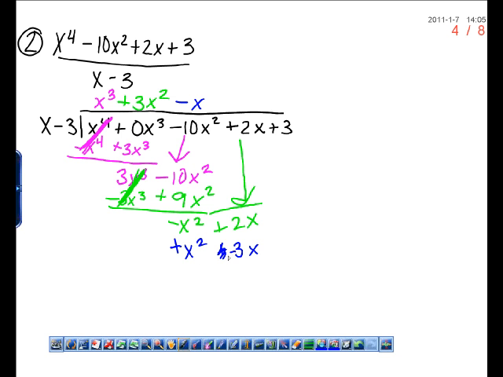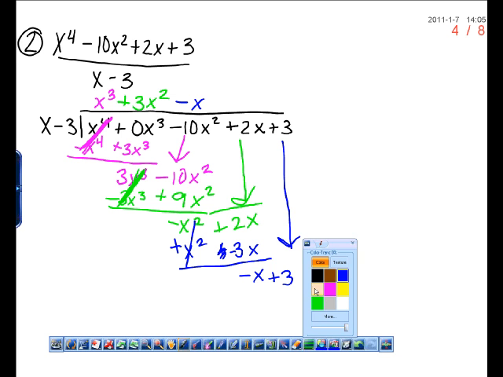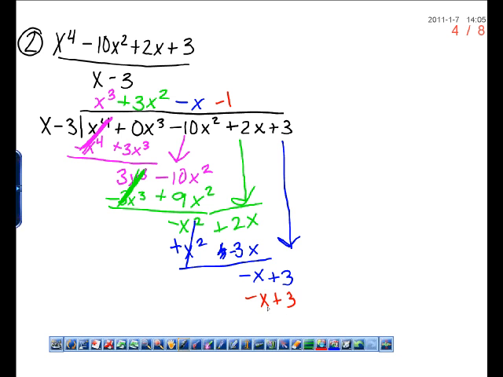I'm going to finish working it out up here. So if you want to check your work, your answer should have been x cubed plus 3x squared minus x minus 1.